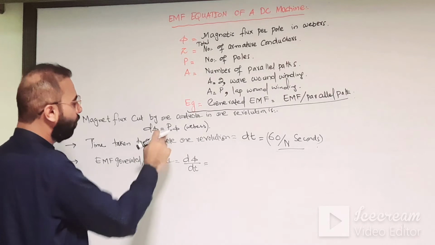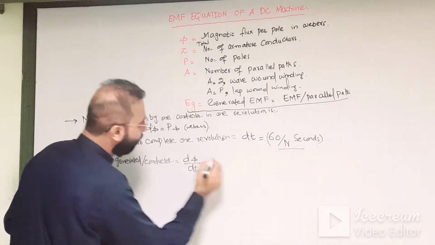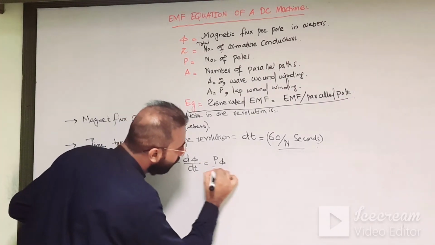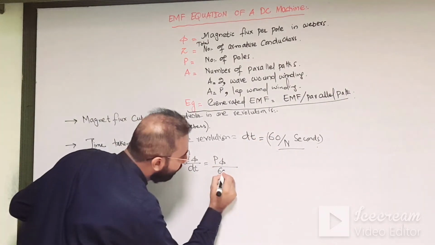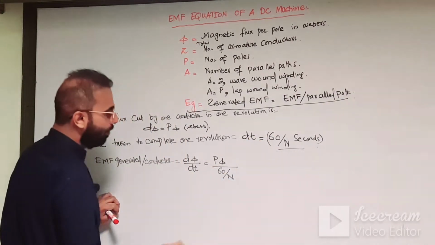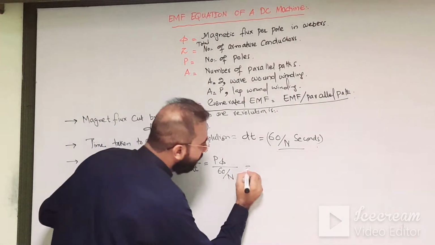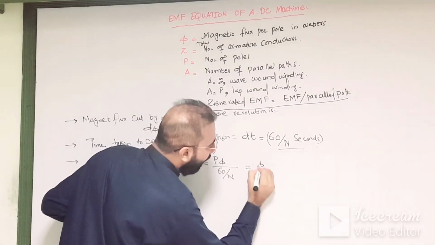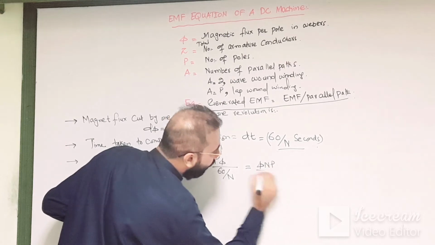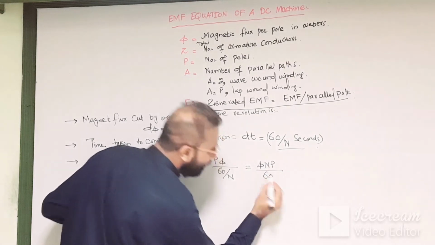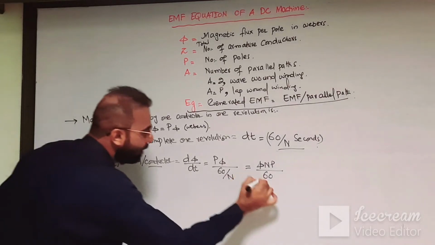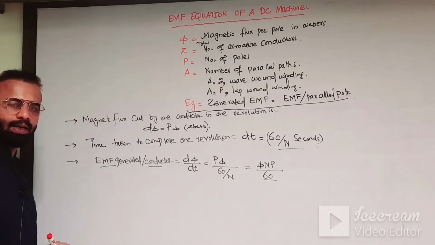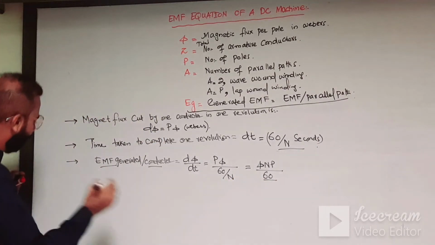We have the value of d phi as p phi in the above equation, and the value of dt is 60 divided by N. So by simplifying, this will be phi N P divided by 60. So the EMF generated per conductor is phi N P divided by 60.